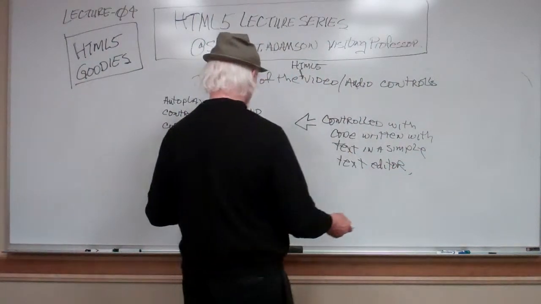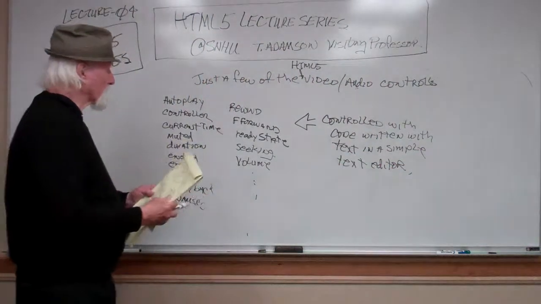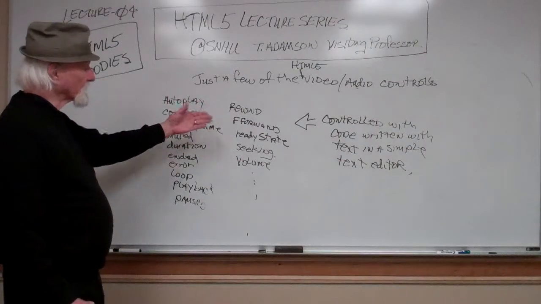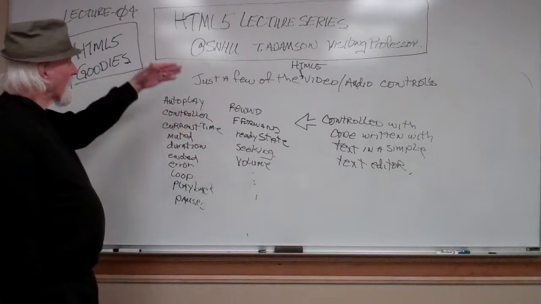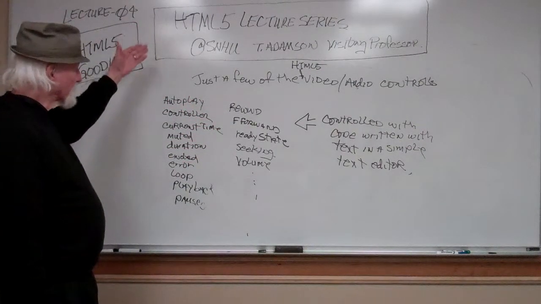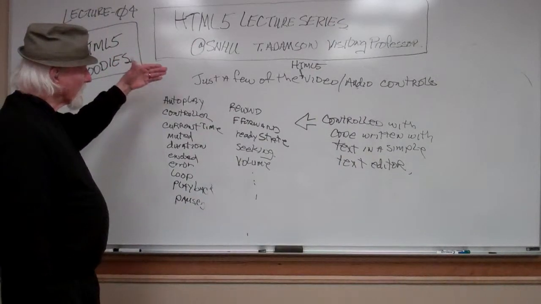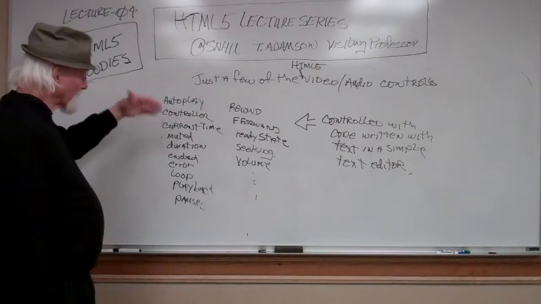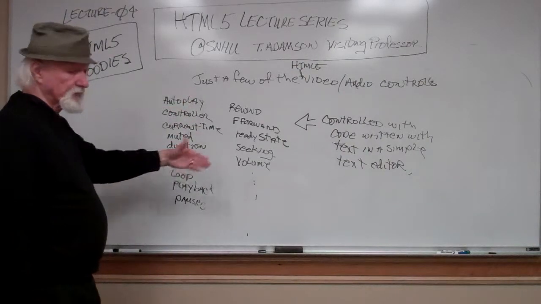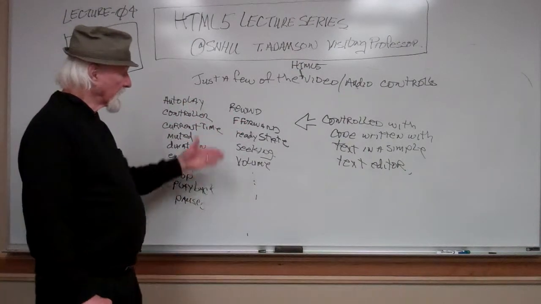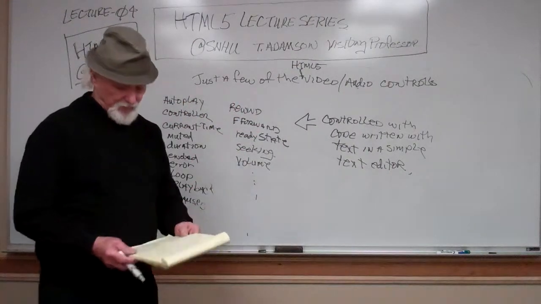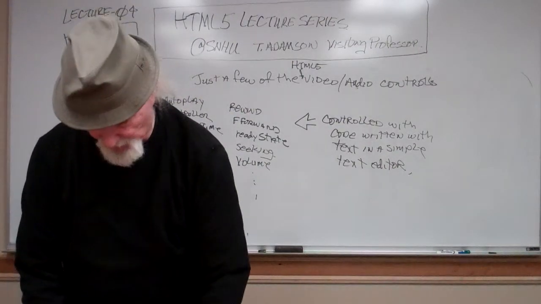You don't need anything fancy. You don't have to buy anything in order to start making code, in order to start developing websites that use HTML5, the audio and the video elements for all these controls. You just type them in and say what you want to do, and it's a done deal. And in this lecture series, as I said before, we'll show you how to do that.